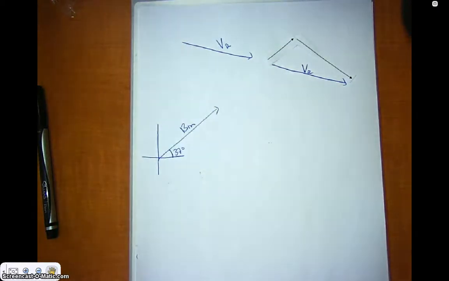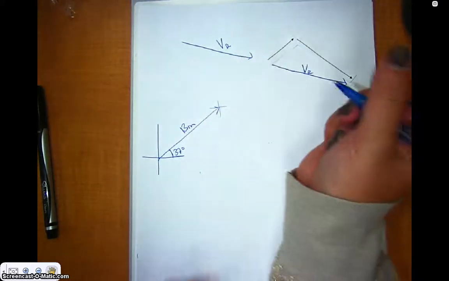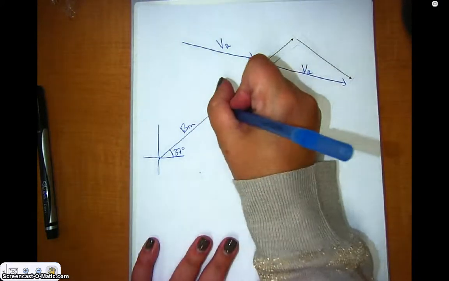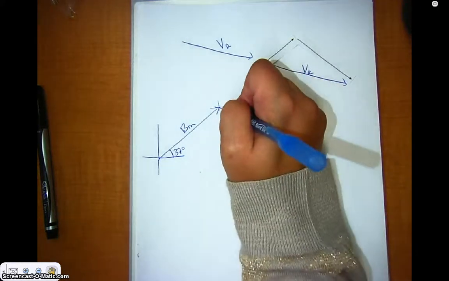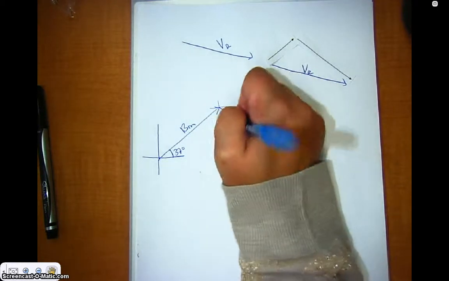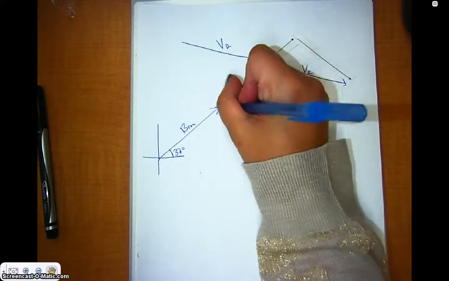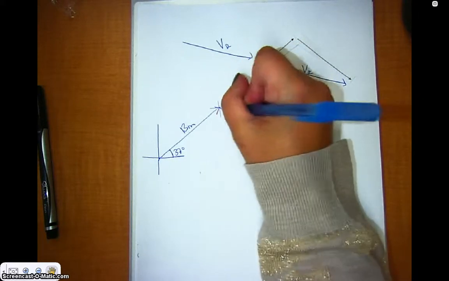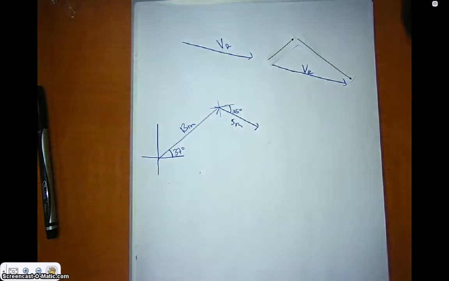Then from this position, I walk in this direction, similar to what I did up here. We'll say 5 meters, and let's describe that angle as being 25 degrees below the positive x-axis.